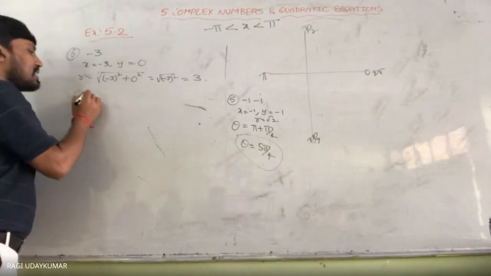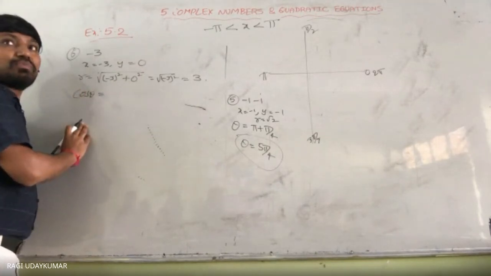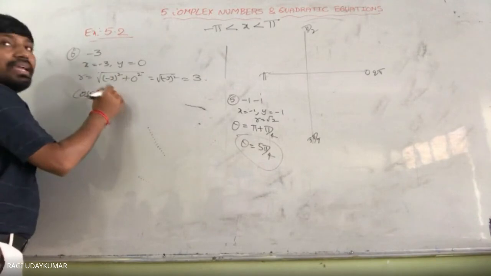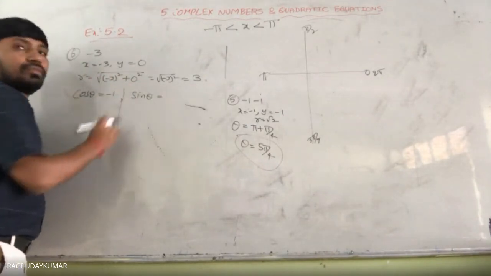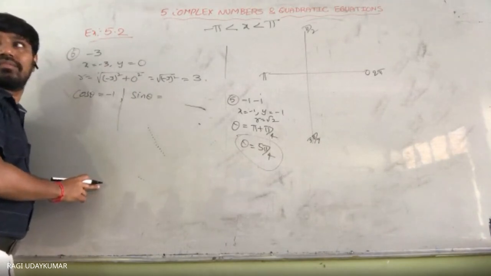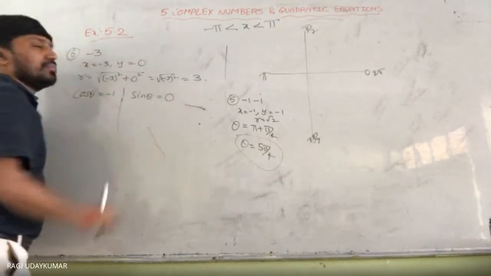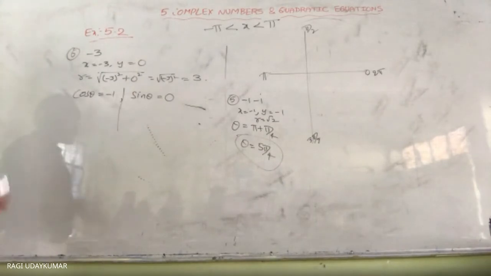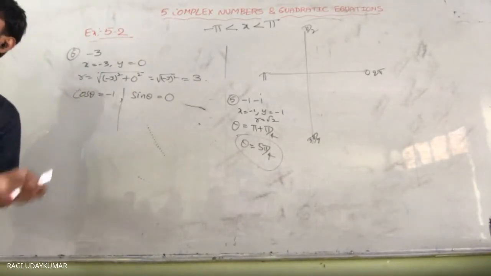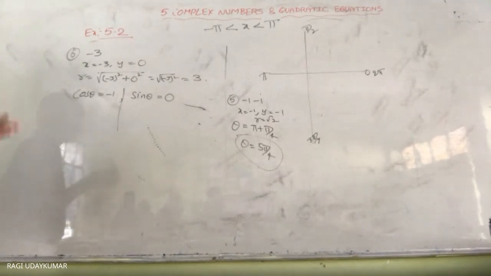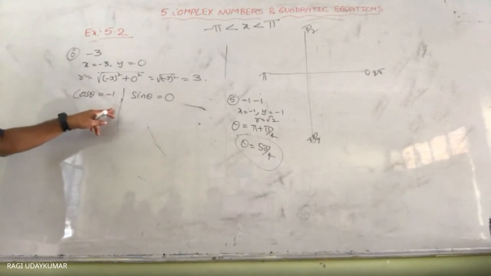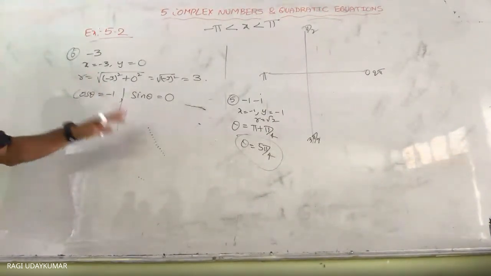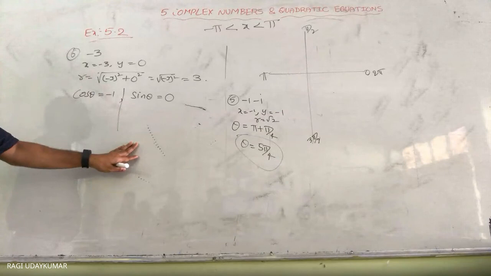Then cos theta equals x by r, which is -3 by +3, so -1. Sin theta equals y by r, which is 0. Sin is 0 at 0 degrees as well as at 180 degrees. But cos theta is not -1 at 0 degrees, so it is 180 degrees.